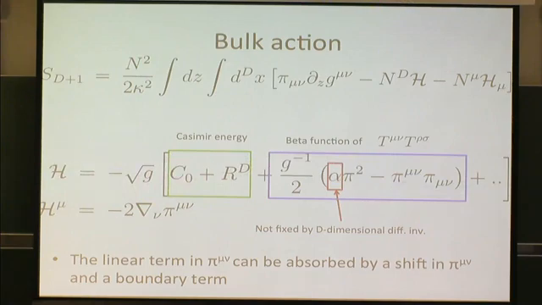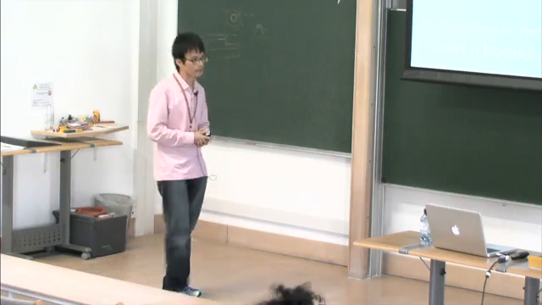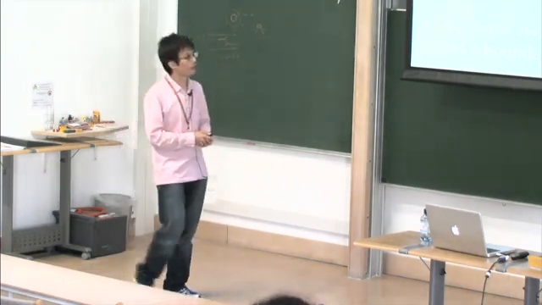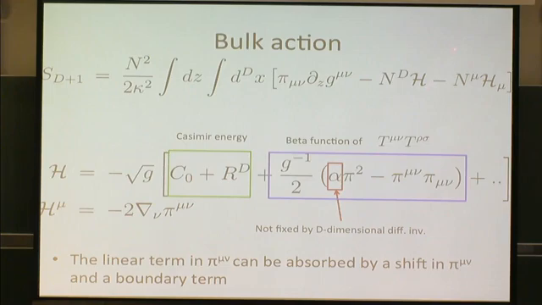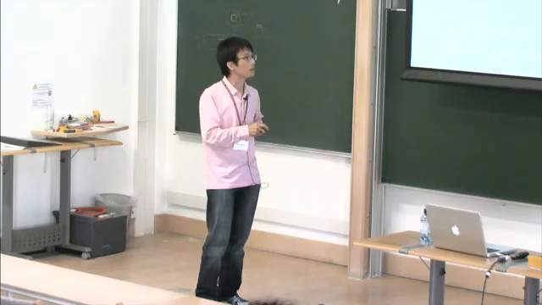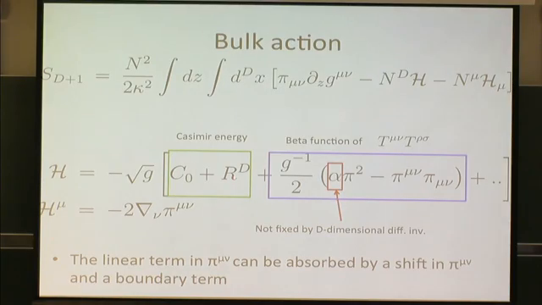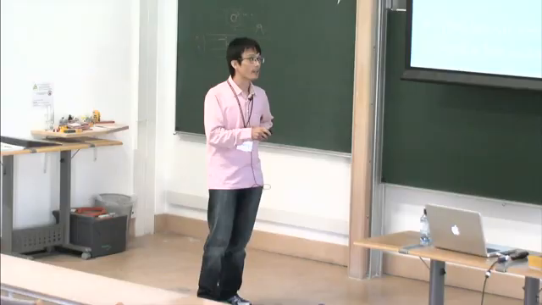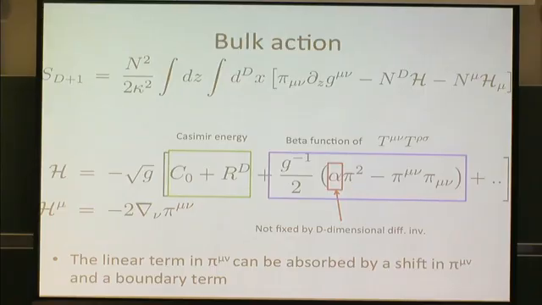So what is non-trivial is the coefficient of this lapse, the speed of RG. As I said, this is like a Hamiltonian-like object, and it includes two parts. The first is the Casimir energy, which includes the constant piece, the d-dimensional scalar, and also higher derivative terms. And there is a kinetic energy-like term that is quadratic in pi.